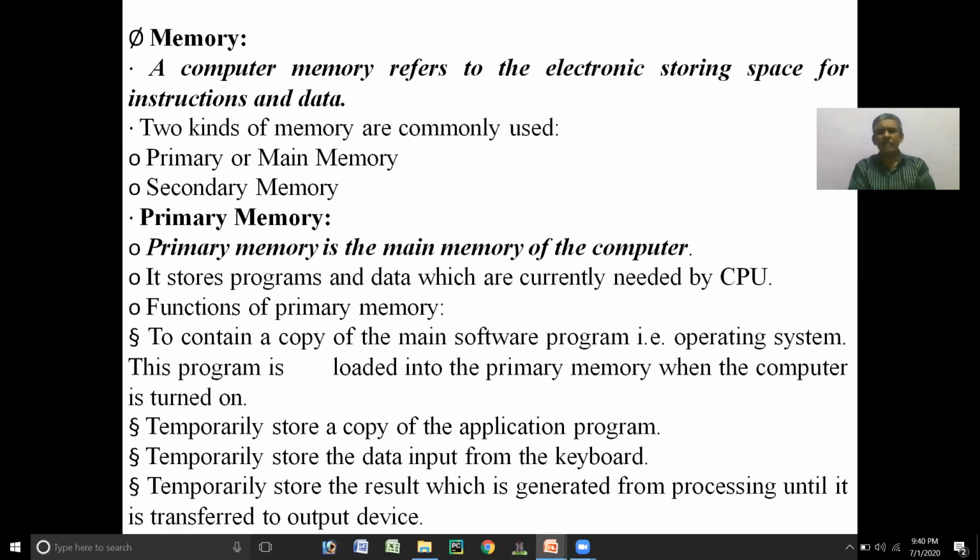This space in a computer where we can store the data or instructions, we call it memory. The memory is broadly classified into two types. Number one is called primary memory or main memory, and second one is called secondary memory.